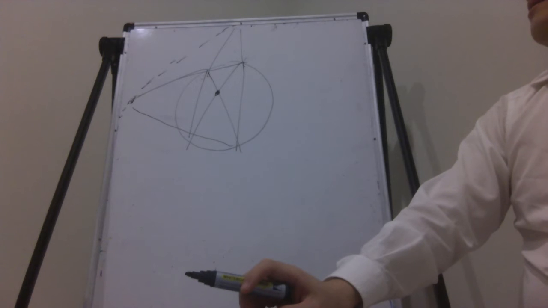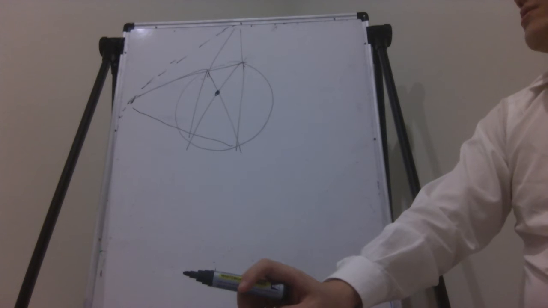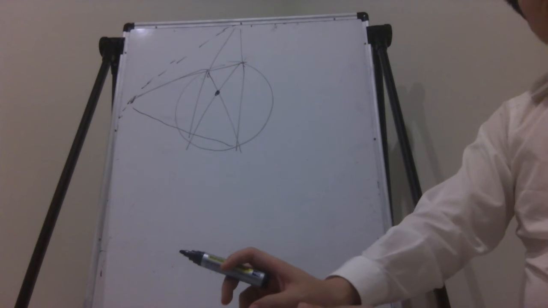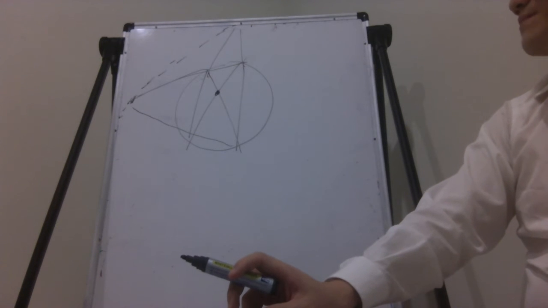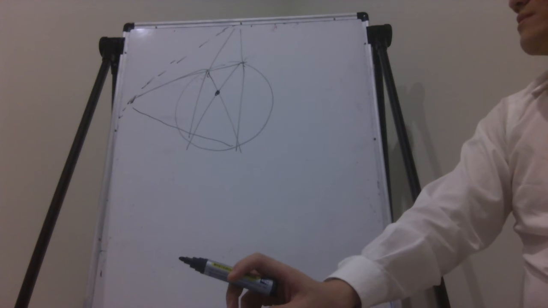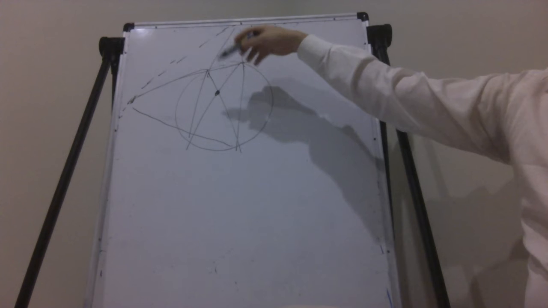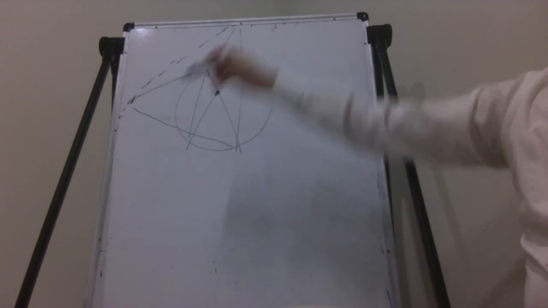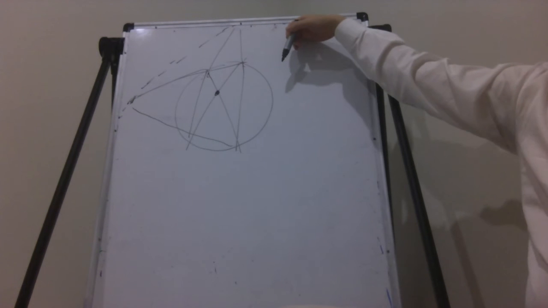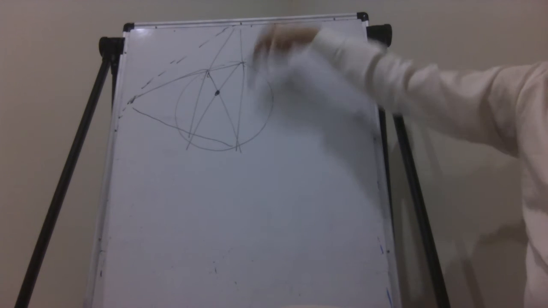Well, the thing is, if you take the reciprocal of everything, this will still be true. The things preserve their relationships. So then this circle becomes a conic, but the properties of these lines are the same.